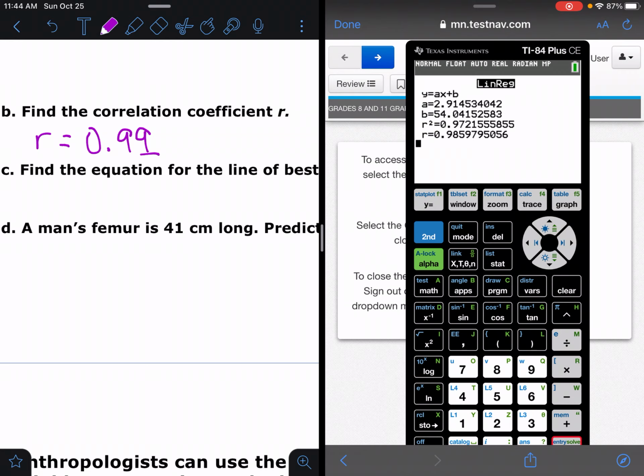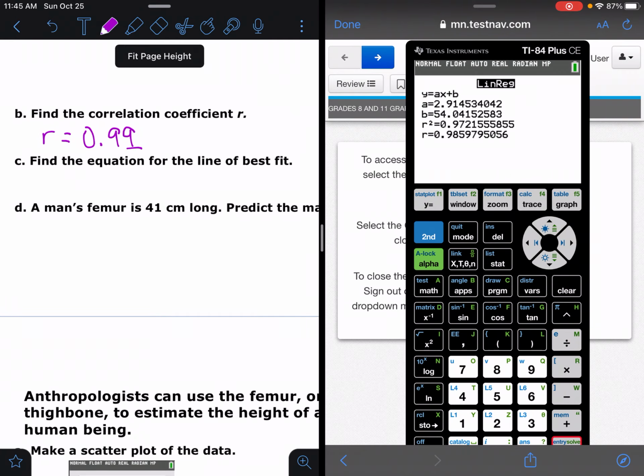Okay. Now, the next thing I want to do is find the equation of the line of best fit. It says y equals ax plus b. That's the same as mx plus b, but instead of m, they use a for some reason. Notice the a is 2.91453, etc. We're going to round that to the nearest hundredth as well. So we're going to put that in for m.